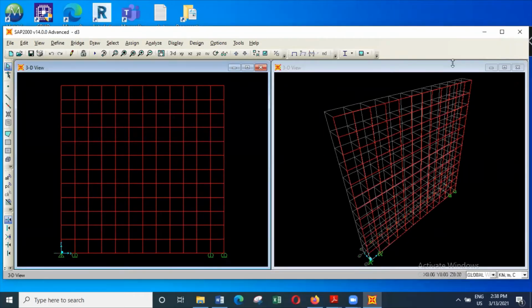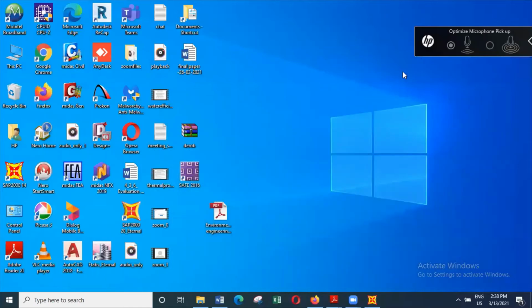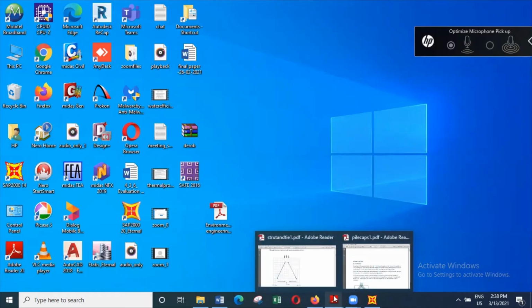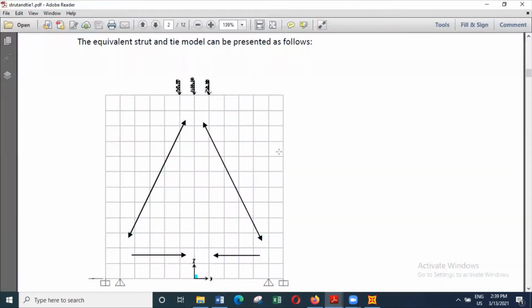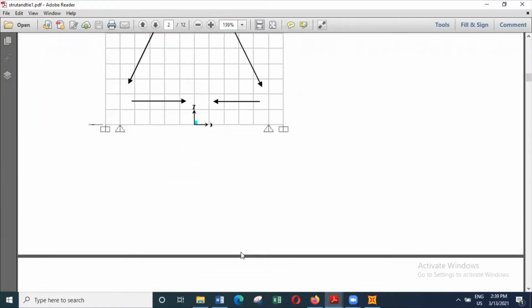So basically now you have seen the way that the FEM can be used to predict the way that the loads are transferred, and so you can see that the loads will be transferred this way, and there will be a tie this way.